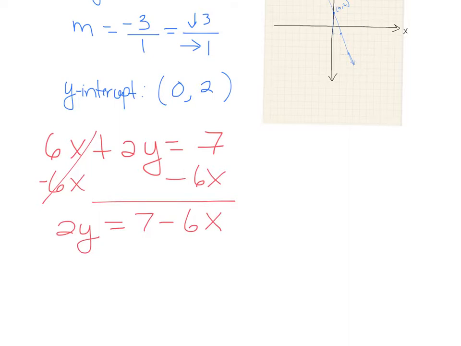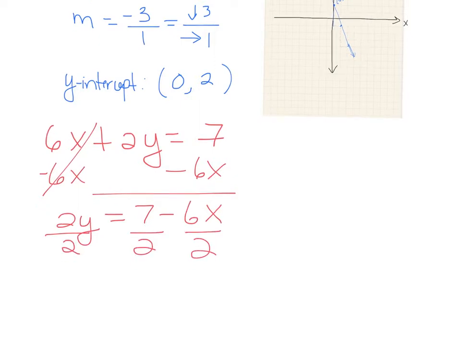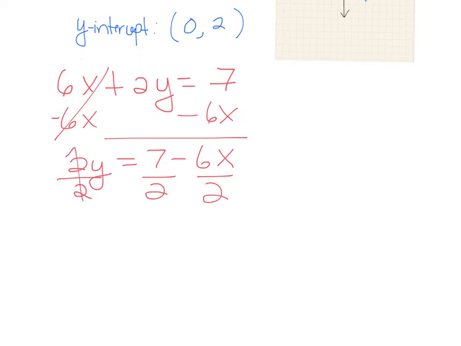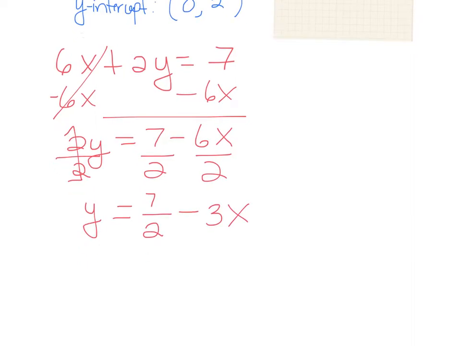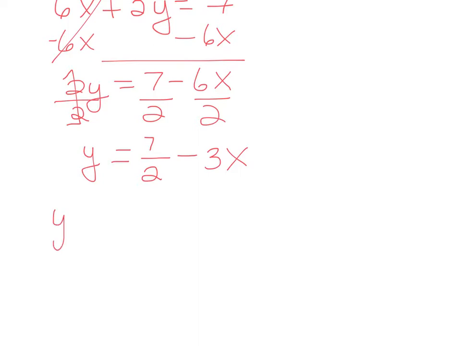Usually the errors come from skipping steps. Then I'm going to multiply by 1/2, which we know from our fraction review is just dividing by 2. And that's really y equals 7/2 minus 3x.